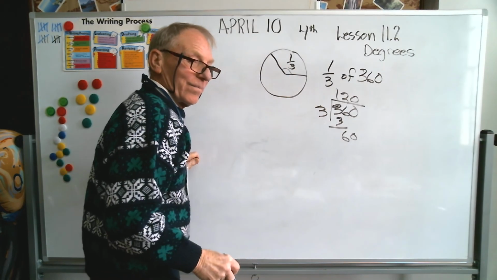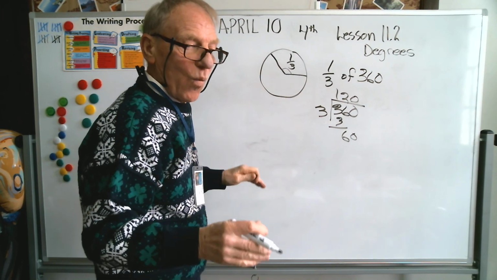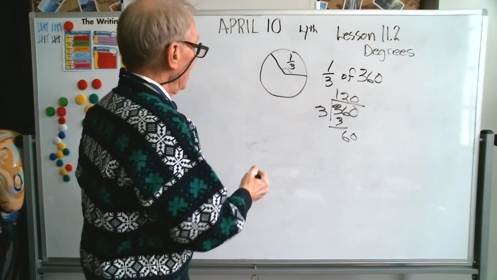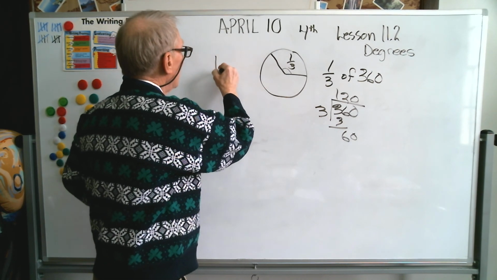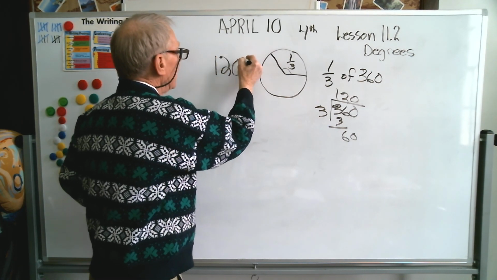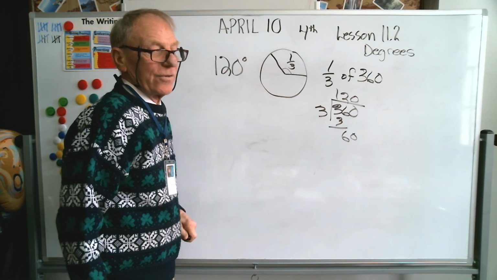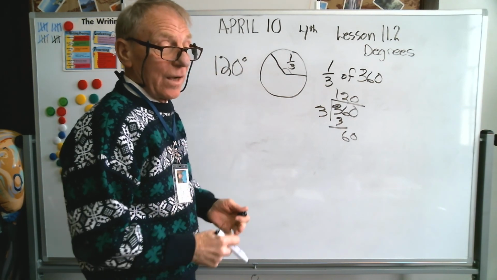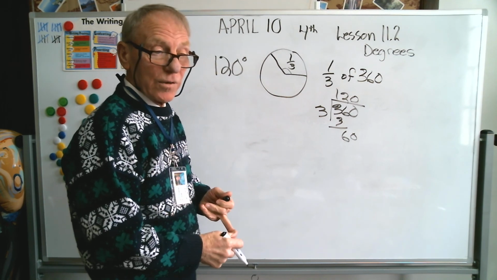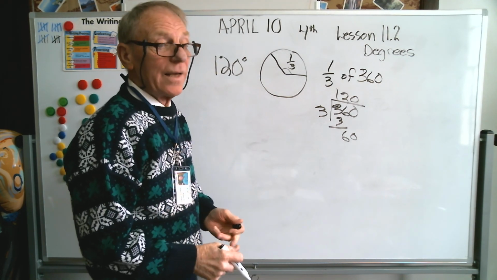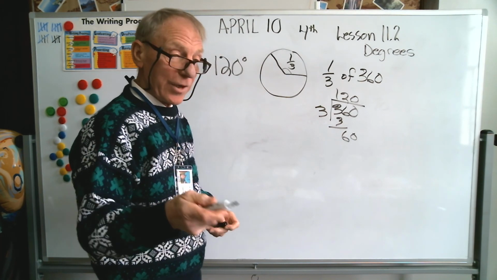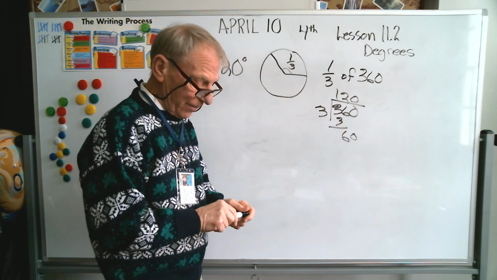That angle, which represents 1/3 of those 360 degree marks, is equivalent to 120 degrees. Now, you can check that. 120 plus 120 plus 120 equals 360. So you know your answer's right.